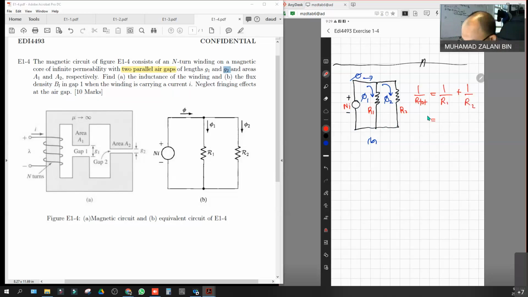So we want the R tot. Do it as usual: R2 plus R1 divided by R1 R2. This is 1 over R tot. So for R tot, terbalikkan, which is R1 R2 divided by R1 plus R2.